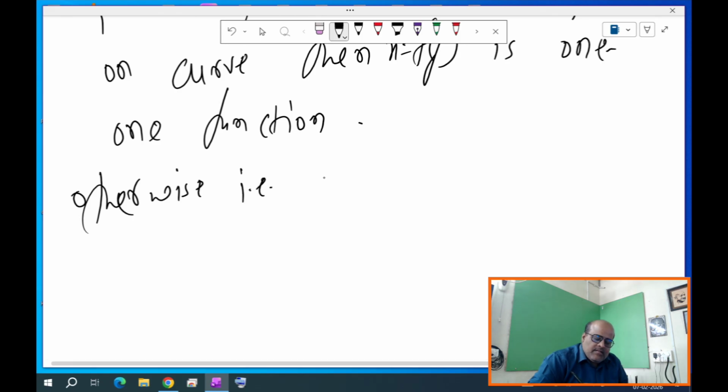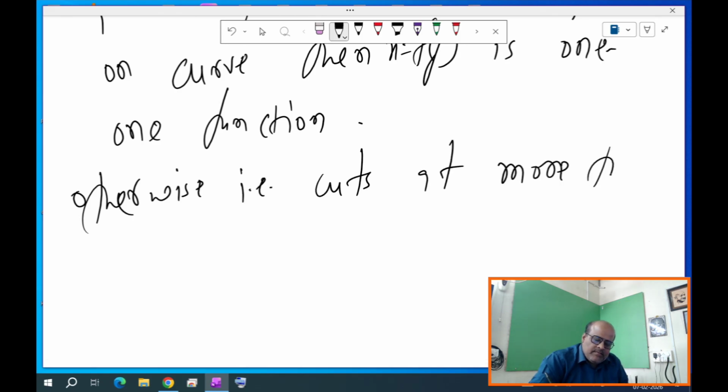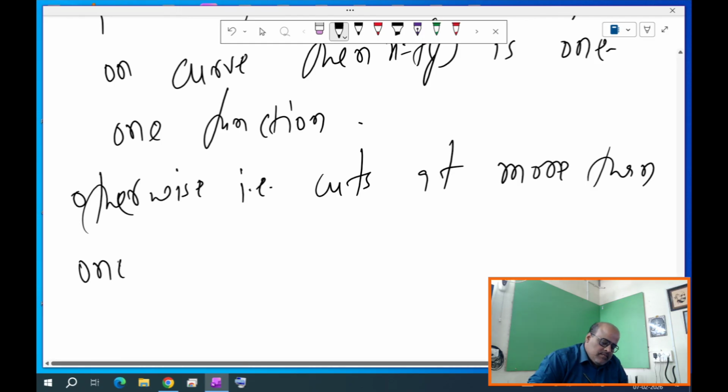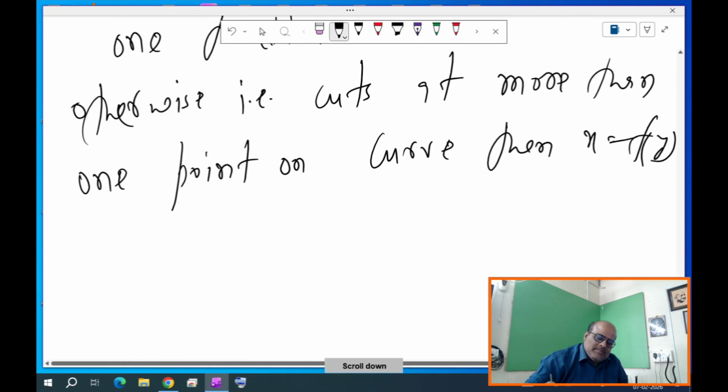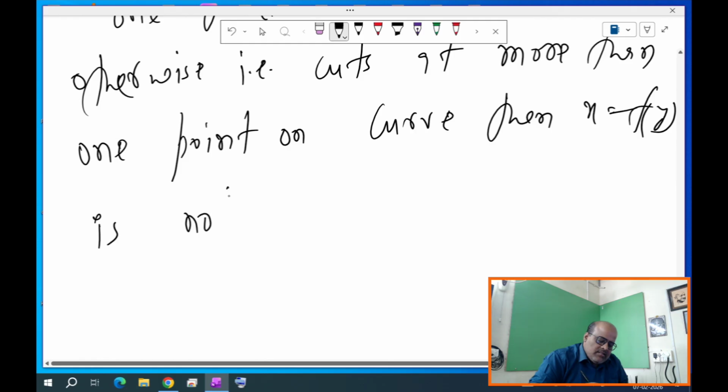Otherwise, if it cuts the curve at more than 1 point, then x equal to f of y is not a 1-1 function.